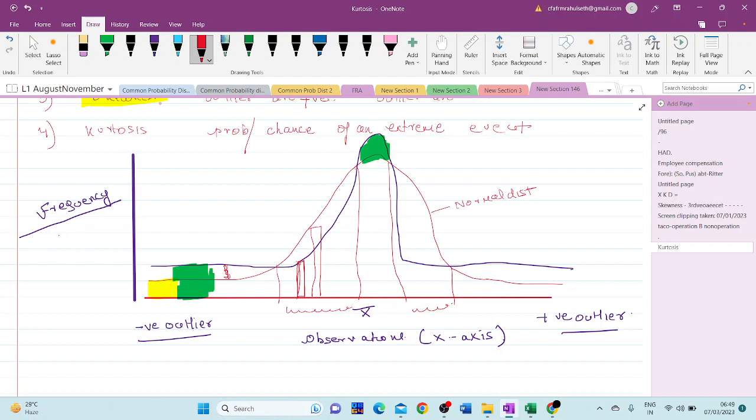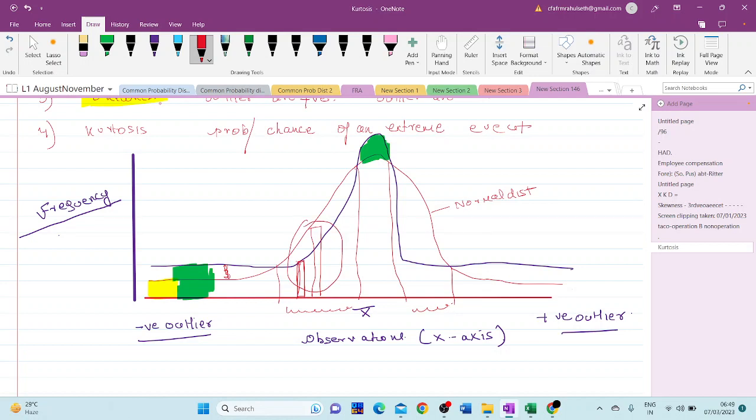Observations closer to the mean will occur with a higher frequency than your normal distribution. And in this fat tail distribution, observations between the central region and the tail region will occur with a lower frequency. That's what we saw here.